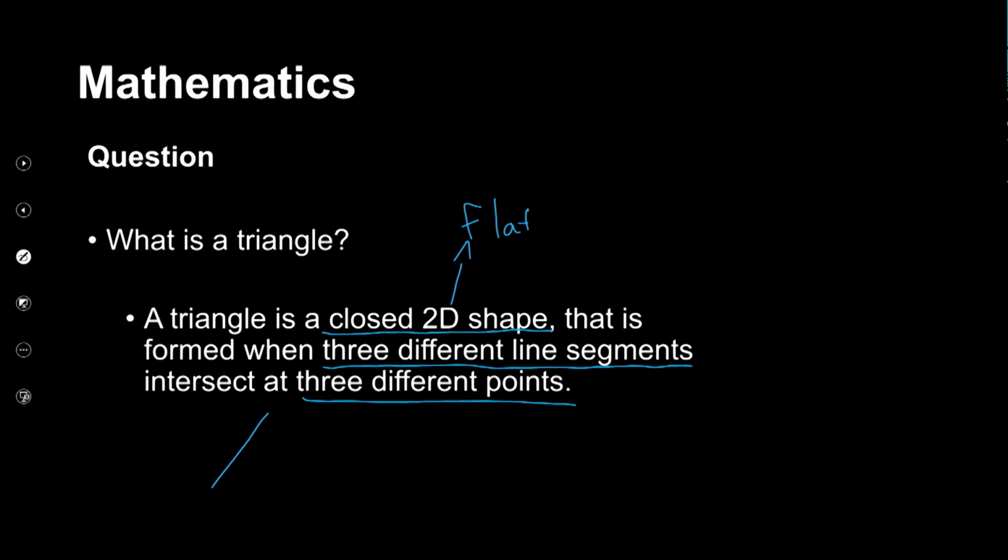One line segment, let's call it AB. Another line segment, let's call it BC. Last line segment, let's call it AC, right? And then what will we do? We will make all of these line segments meet one another, to intersect and form this shape. So there's my A, there's my B there.